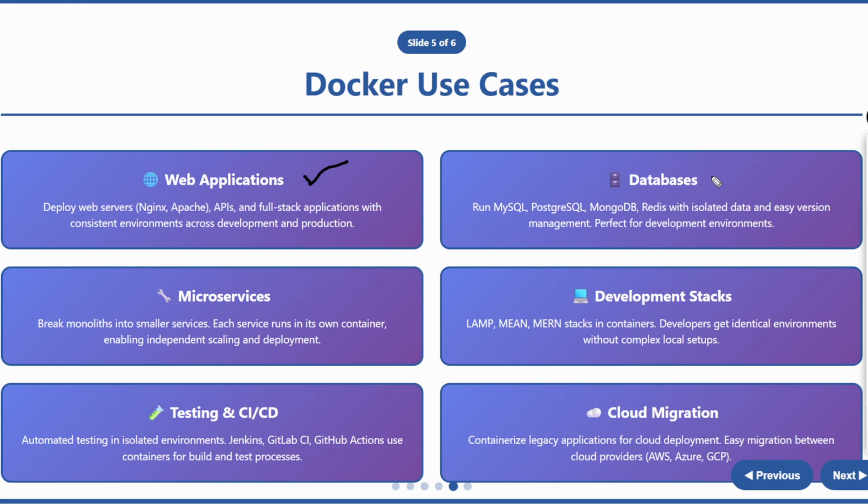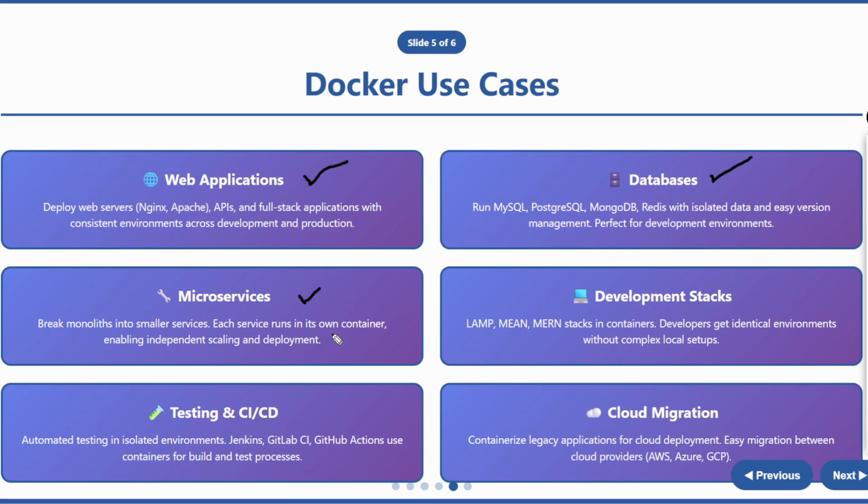And coming to the second one, which is database, we can deploy any isolated database, and we can also maintain version management. And then microservices, basically we can break the monoliths into small pieces, which are the microservices.